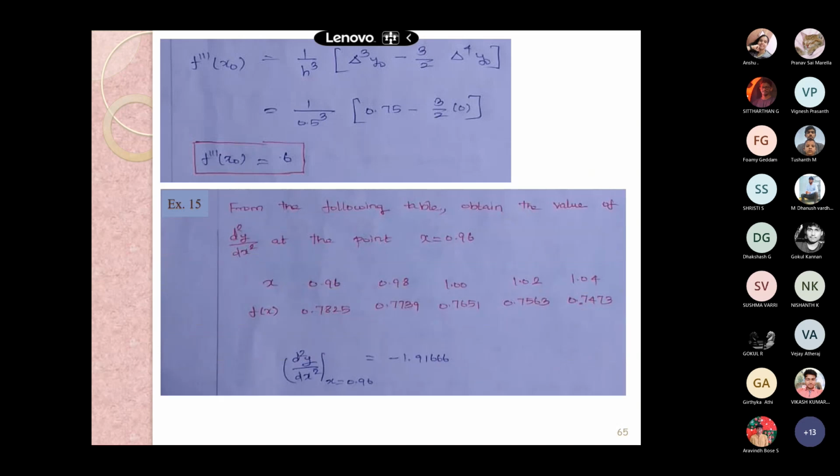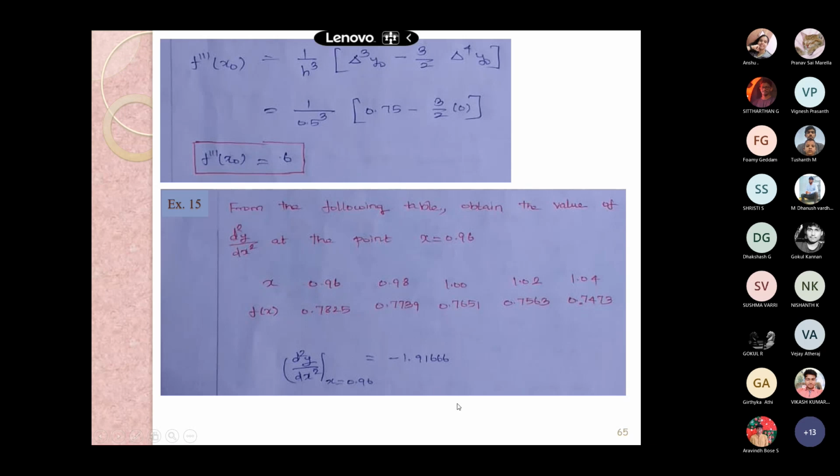This is for your practice. Please practice this particular problem from the following table. Find the value of d square y by dx square, that is the second derivative, at the point x is equal to 0.96. For 0.96, the f of x is 0.7825, and it continues till x as 1.04 and f of x as 0.7473.